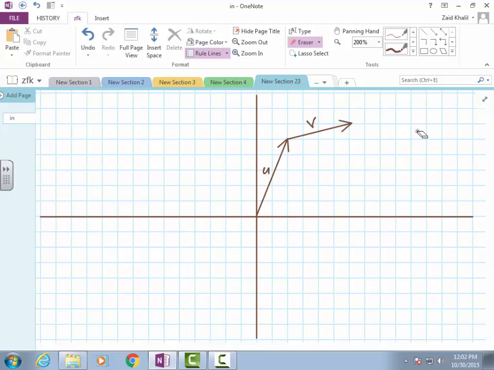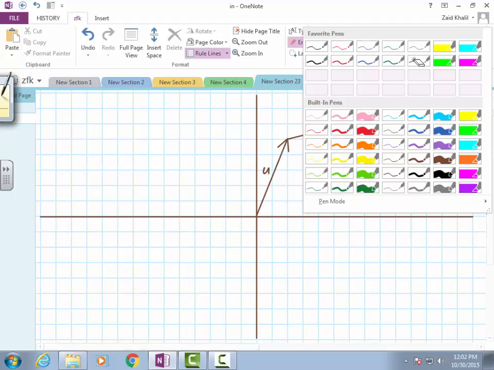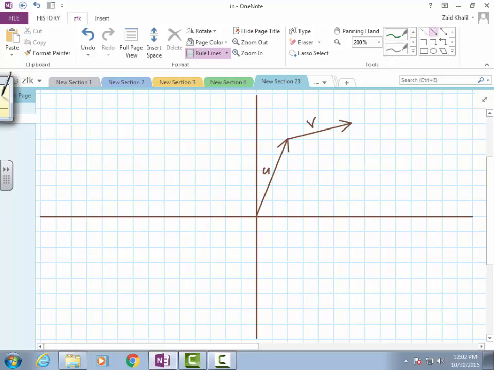I can find their components. In other words, I could take u and break it up into the following set of vectors. Though that should be moved over. And I can take v, and maybe I'll do that.